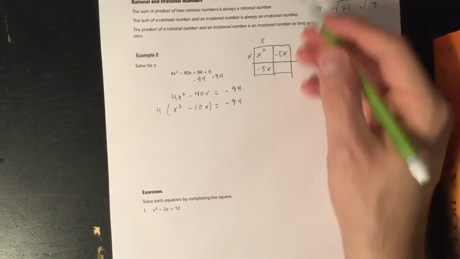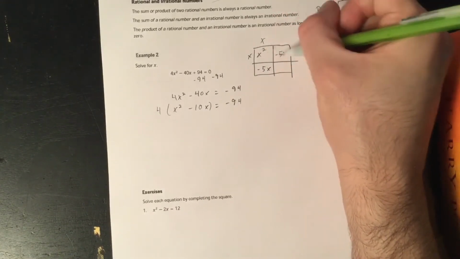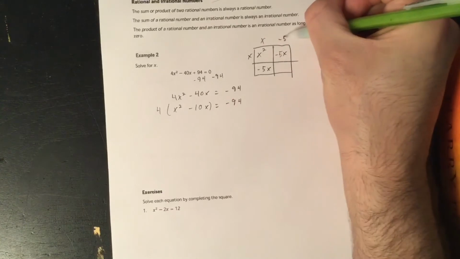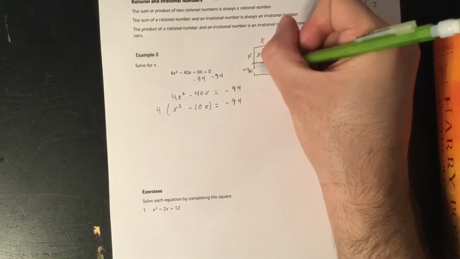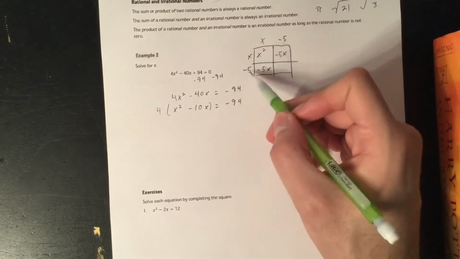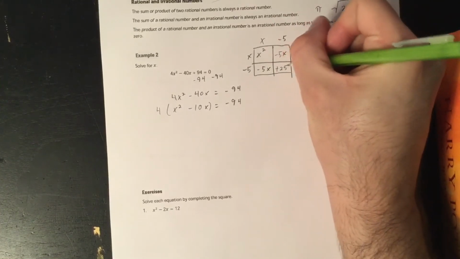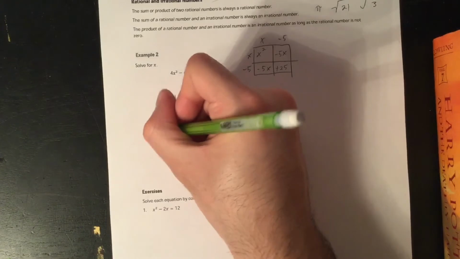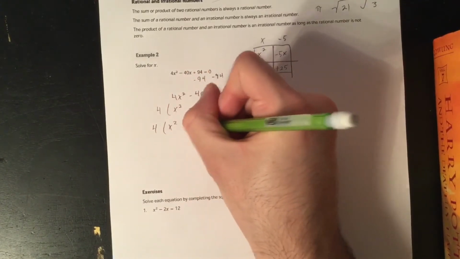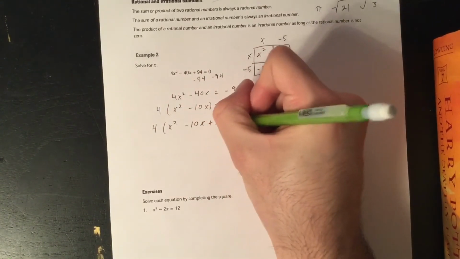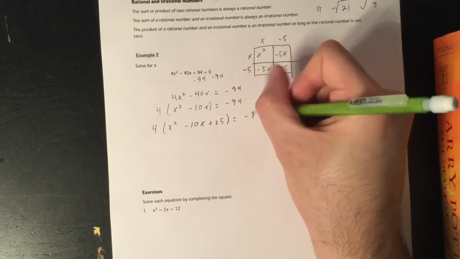And for these two here, x times negative 5 will give us negative 5x, and x times negative 5 will give us negative 5x. Then we'll multiply these two together to get our missing term, so it's going to be plus 25. So we'll have x squared minus 10x plus 25 equal to negative 94.